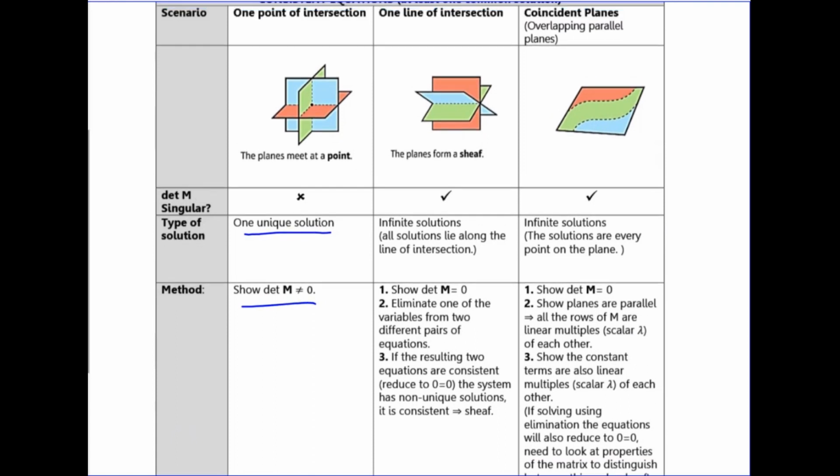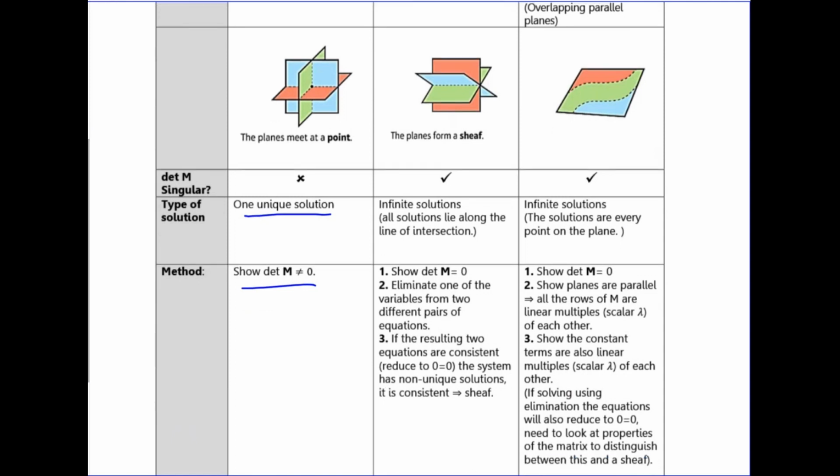If instead they are not all the same, what you then need to do is start solving them by hand. Remember last lesson, we started solving them by hand by eliminating z usually, and then you get x and y. If you end up with consistent equations, so equations that do work, this means that your planes cross each other all together along a straight line.